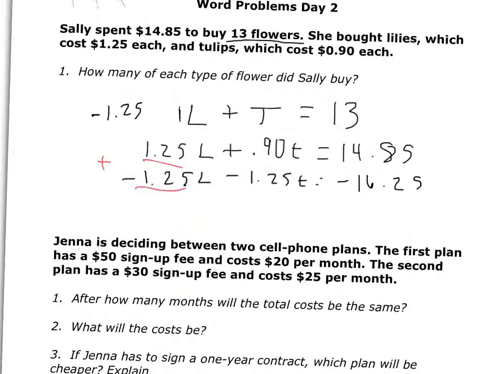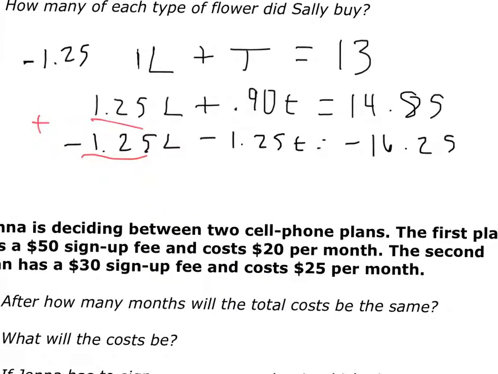So if we add up our L's, they cancel out. If we take 0.9t plus negative 1.25t, that gives us negative 0.35t, and you can do that on your calculator. And lastly, if we take 14.85 minus 16.25, that gives us negative 1.4.